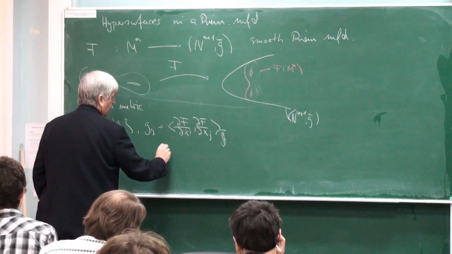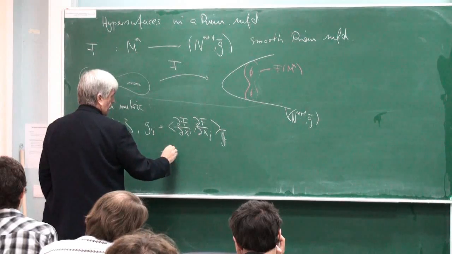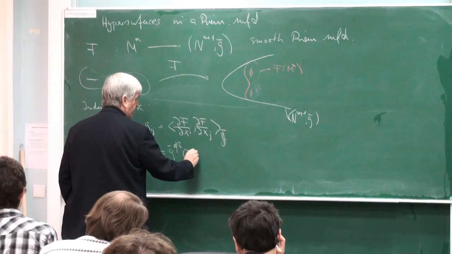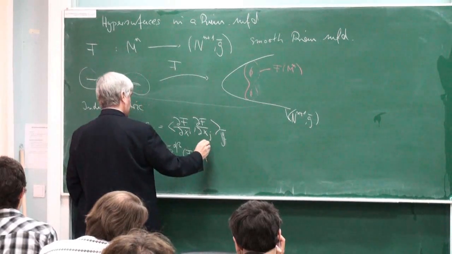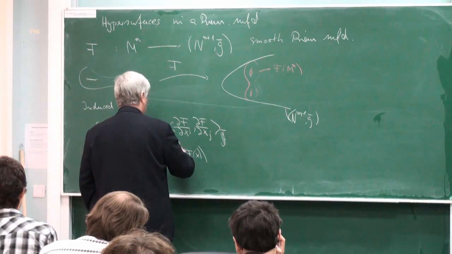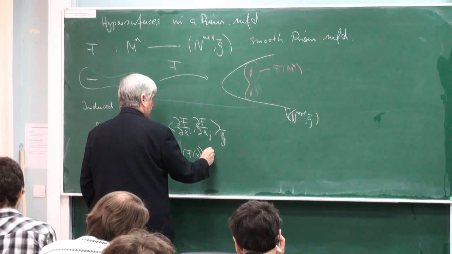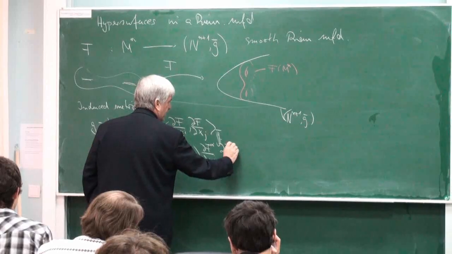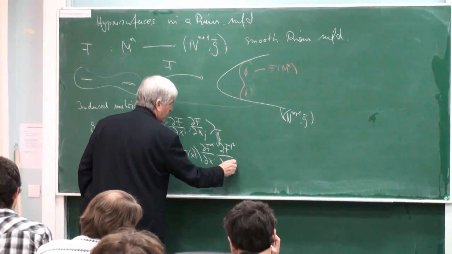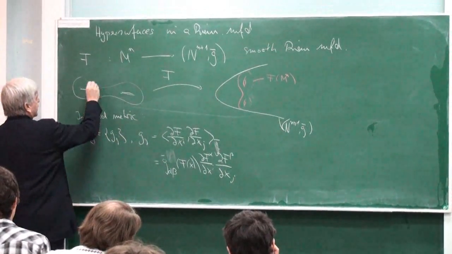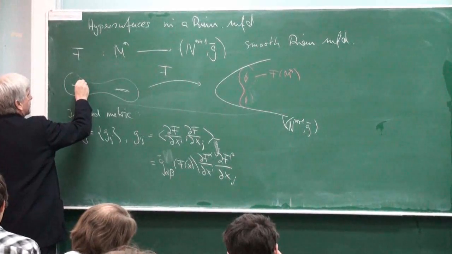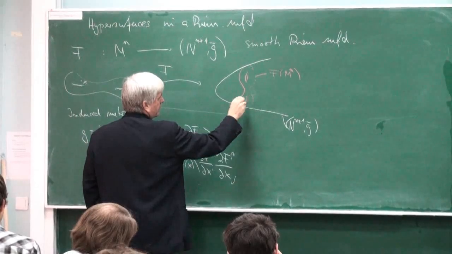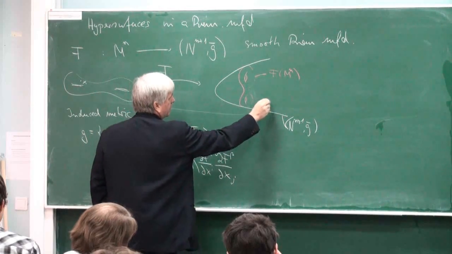In coordinates, this is G bar alpha beta at F of x, contracted with dF alpha over dx_i and dF beta over dx_j, where x is some coordinate system here, and y is some coordinate system here.